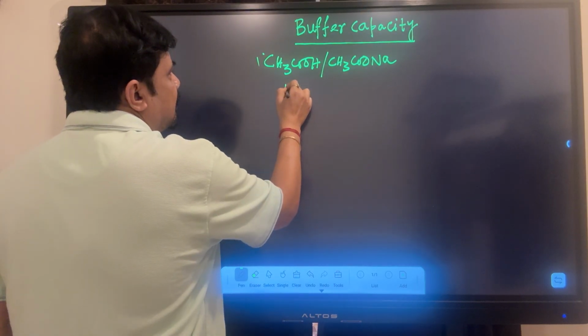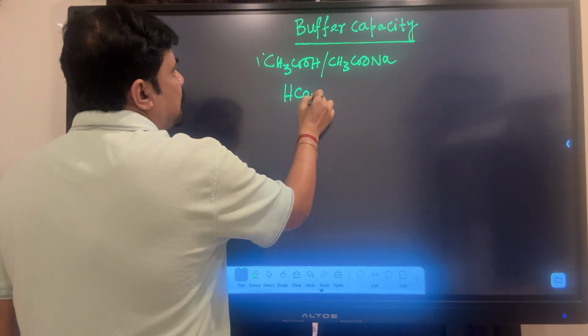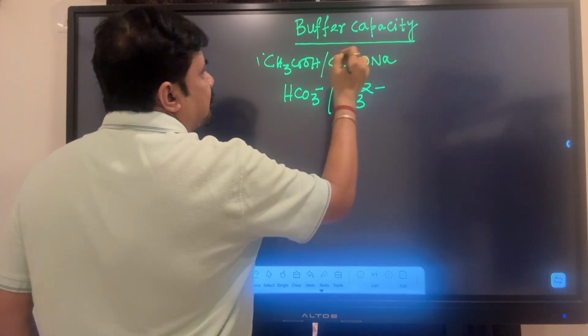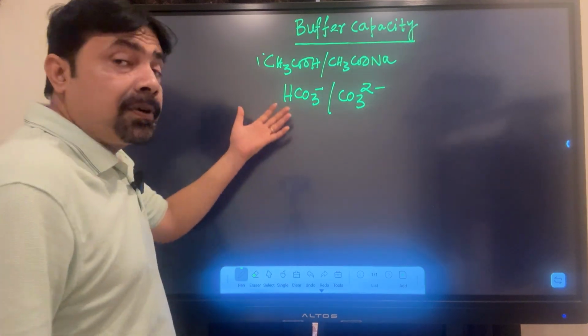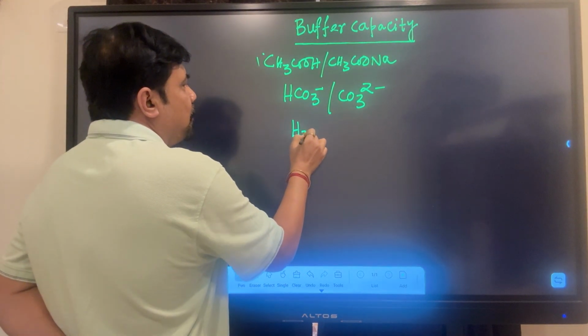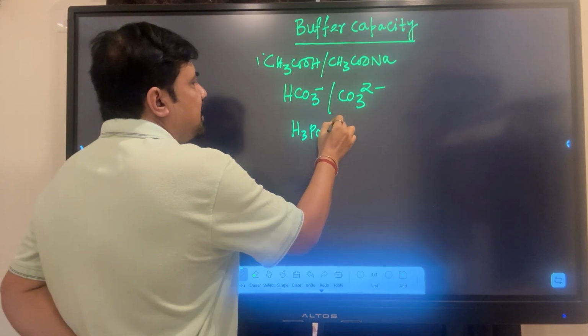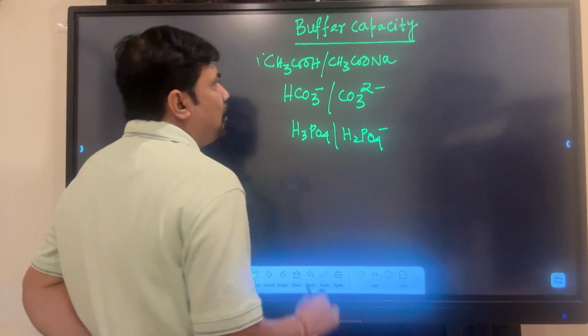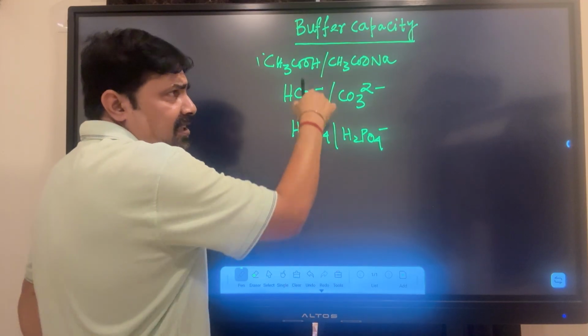Or HCO3 minus and its conjugate base, a carbonate salt, can form a buffer solution. Not only that, H3PO4 and its conjugate base H2PO4 minus can form a buffer solution. These are acidic buffers.